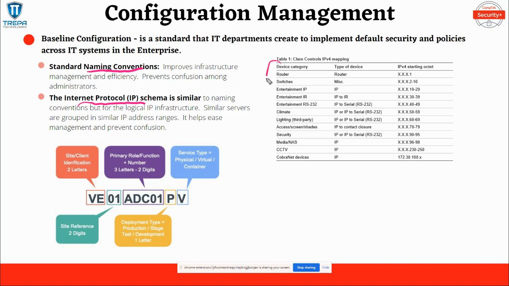Or we could even have a chart saying the router is going to be .1 and switches will be 2 through 10. This also could be involved with IPAM, your IP address management system. These are just some examples of baseline configurations. This could also be some group policies that you implement on the network as well.